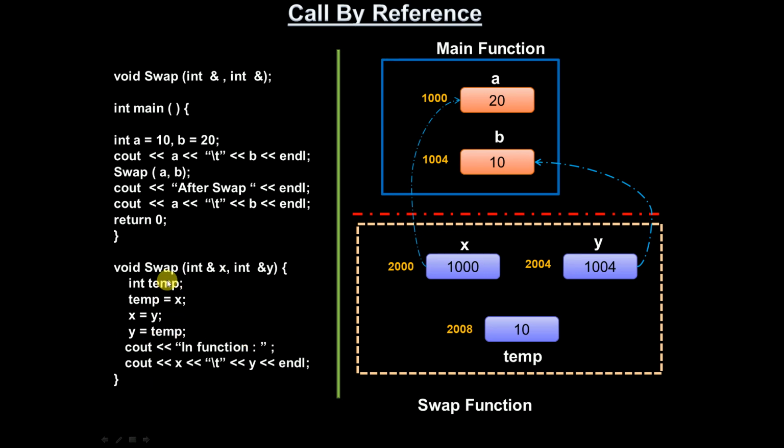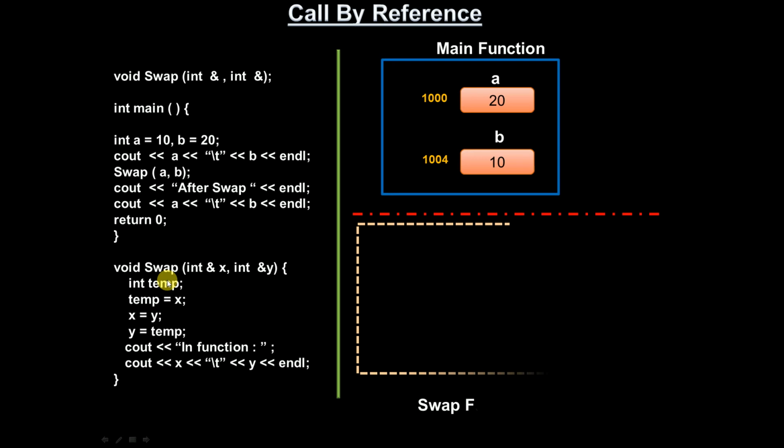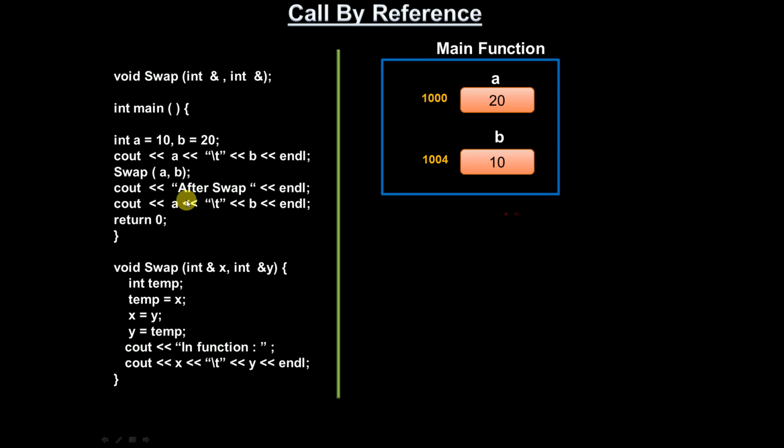First the temporary variable will be removed from the stack frame, then y, then x. After that, this entire stack frame will be removed from the memory. And again, CPU control is going back to execute the next statement of the main function, that is after swap. So all this stack frame got cleared after swap.